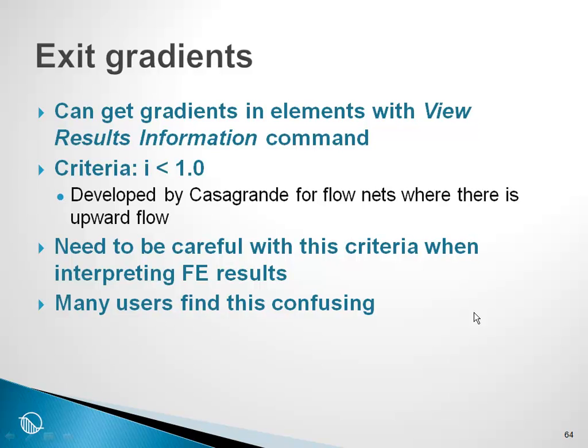We need to be careful, however, with this criterion when interpreting finite element results. Many users have found this quite confusing, and the purpose here is to try and shed a little bit of light on how to use the gradients that are computed by SEEP-W.